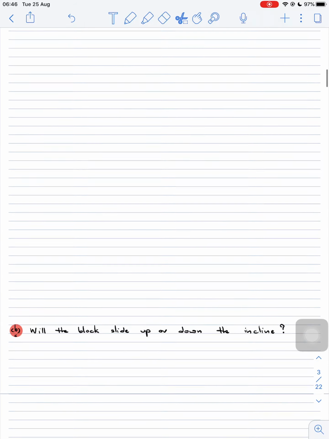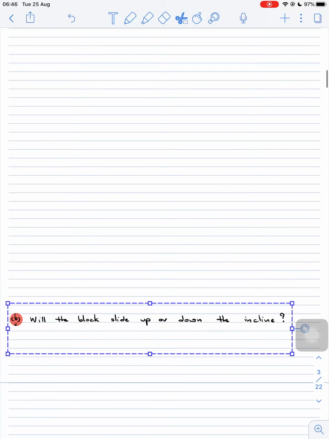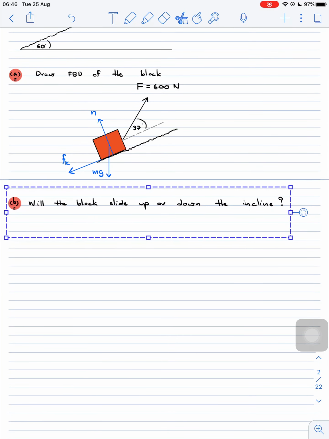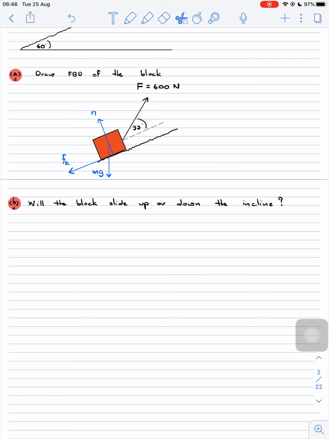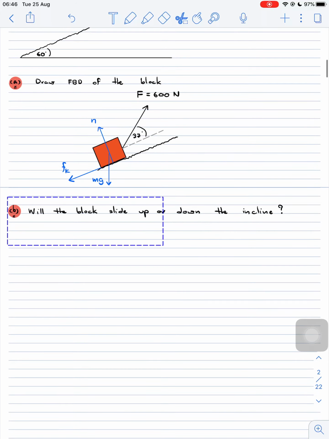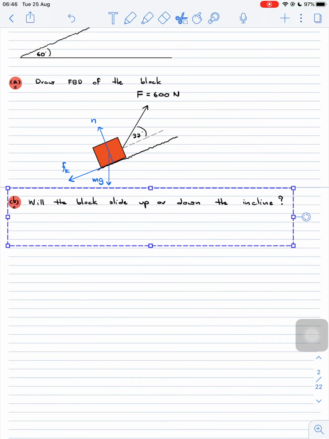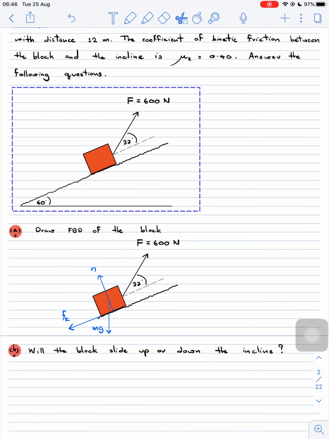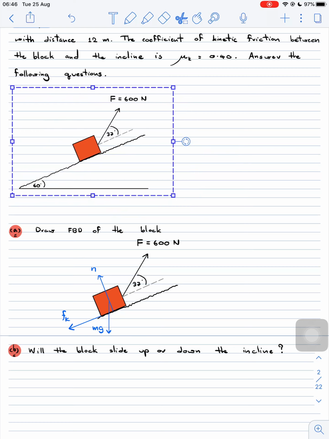Okay, now for part B. Right, so this is what we want: will the block slide up or down the incline? So as I just mentioned, we need to check. Let me just make it smaller.